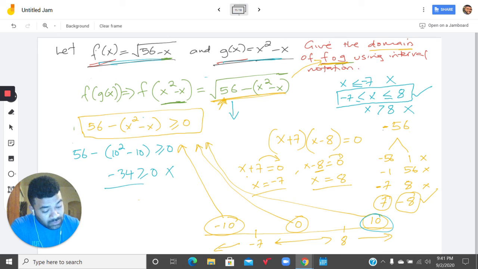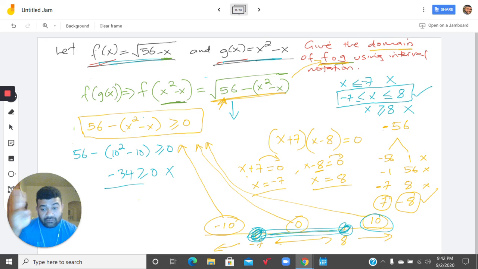And then x greater than or equal to 8 is false. So now we know that our domain is only between negative 7 and 8. Since they are equal to, it's going to be a dark line right here, dark line right here. So all these values are going to be the domain.